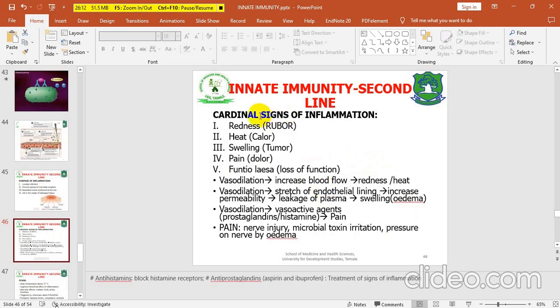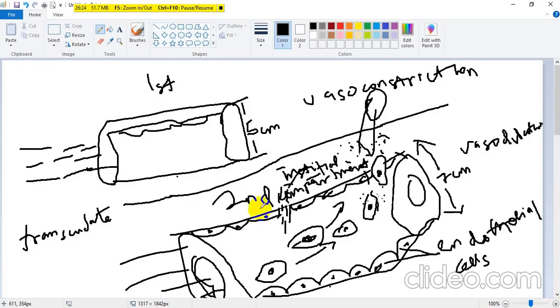Okay, so the cardinal signs of inflammation are redness. When we saw in the video, when there is vasodilation, more blood is flowing, so that part of the tissue where there is inflammation or injury becomes very red.